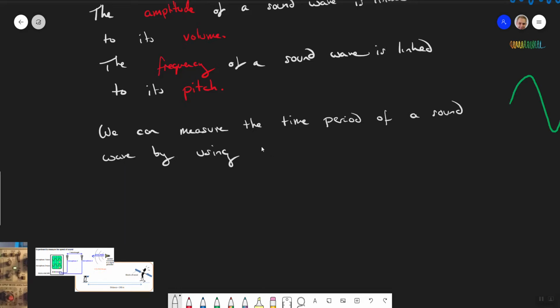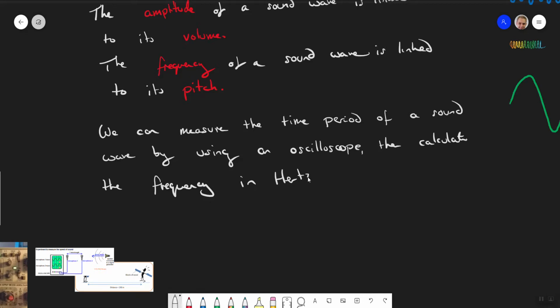By using the oscilloscope, we can then calculate frequency in hertz using one over time period.